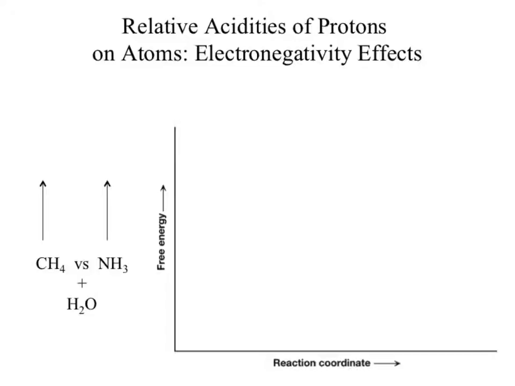So let's take a swing at these two potential acids and put them into an energy diagram. We're taking CH4 and NH3, and I'm going to react them with water, and I want those species to act like acids.